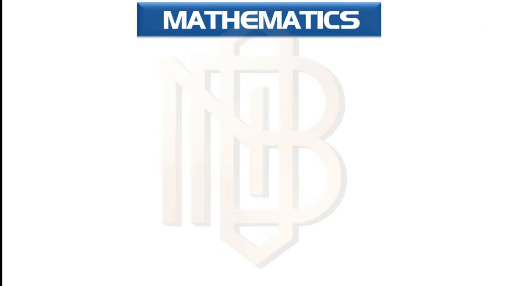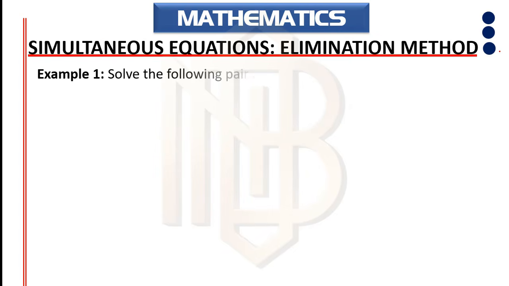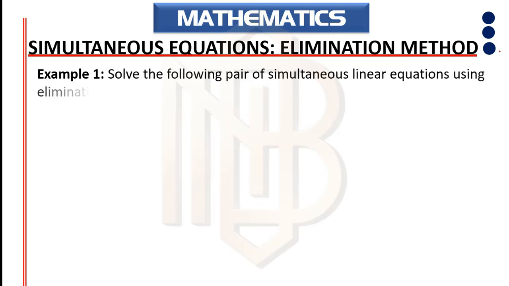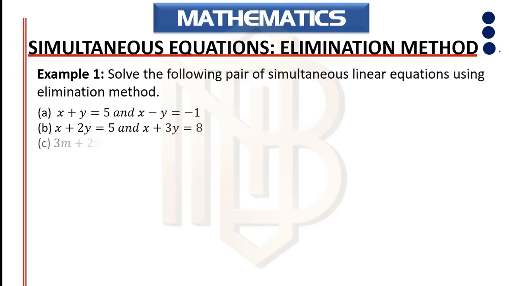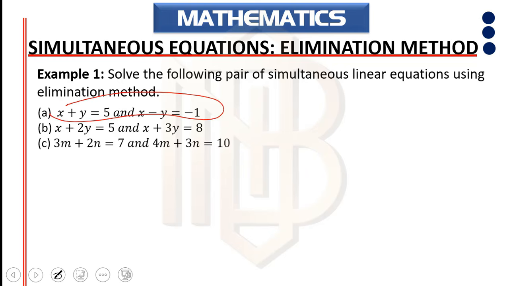Right, so the elimination method. We have a question here. We have to solve the pair of simultaneous linear equations using the elimination method. We'll be starting with the first question, which is x plus y equals 5 and x minus y equals minus 1.